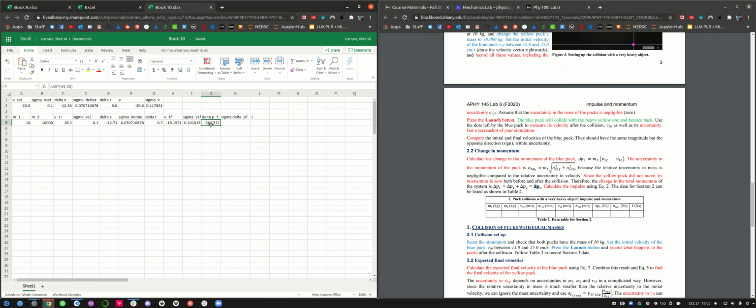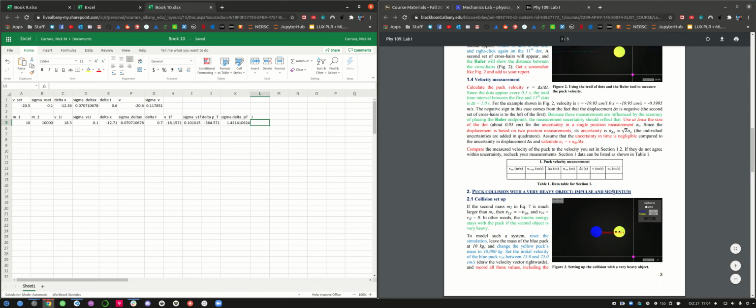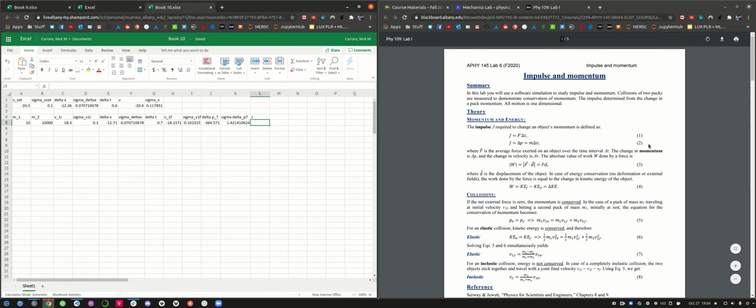There we go. So that should be my delta P. And the uncertainty is given by this quadrature here. So this is going to be mass times the square root of sigma V1 plus sigma V final. There we go. And then finally the impulse is from equation 2, which is what I just calculated.